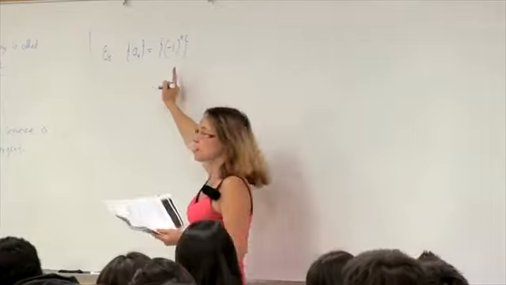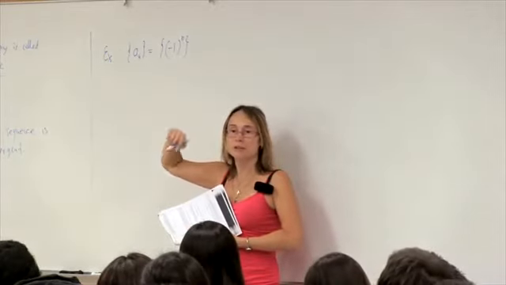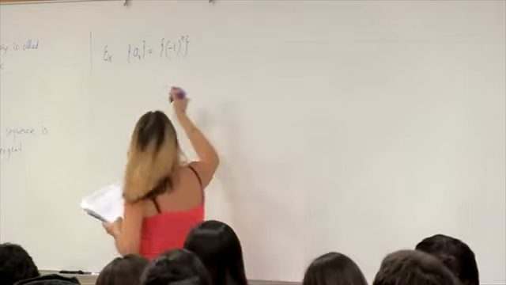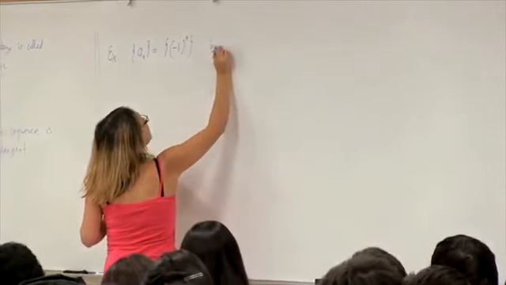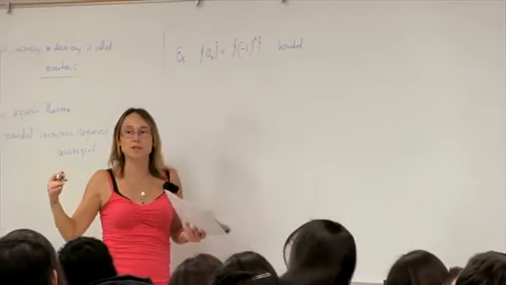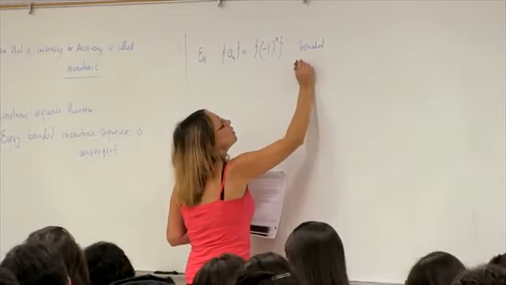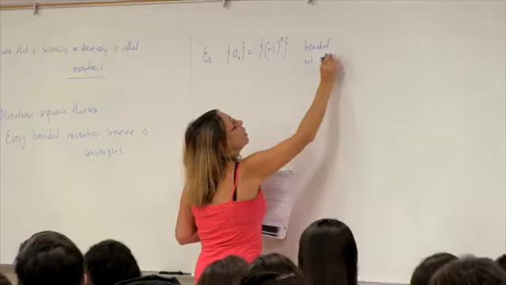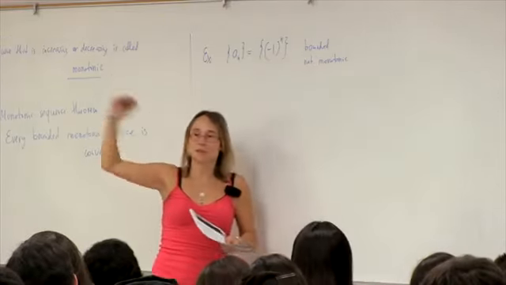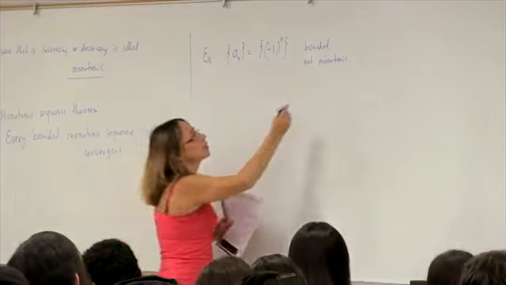So for sure this guy is bounded. Plus 1, minus 1, plus 1, minus 1. So it's bounded by minus 2 or plus 2. Is it monotonic? Is it decreasing or increasing? Neither. Not monotonic. Does it have a limit? No, we already established that it jumps around, doesn't have a limit. Okay, no limit.